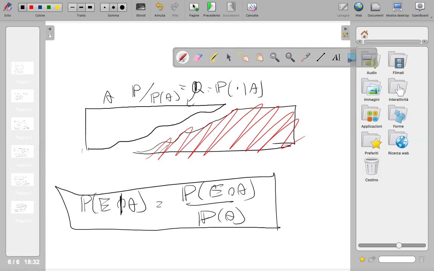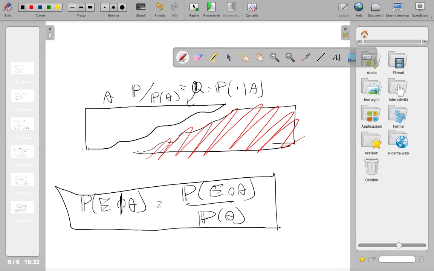So the sample space is the space of triples, simply triples like 1,1,1, 1,2,3, 1,1,1, 2, etc., until 666.